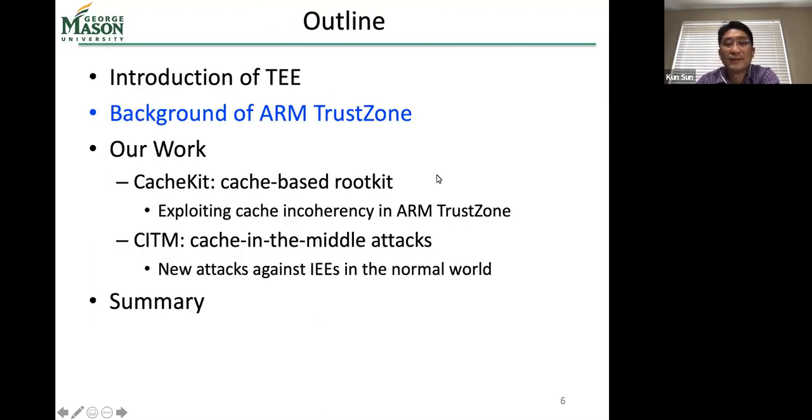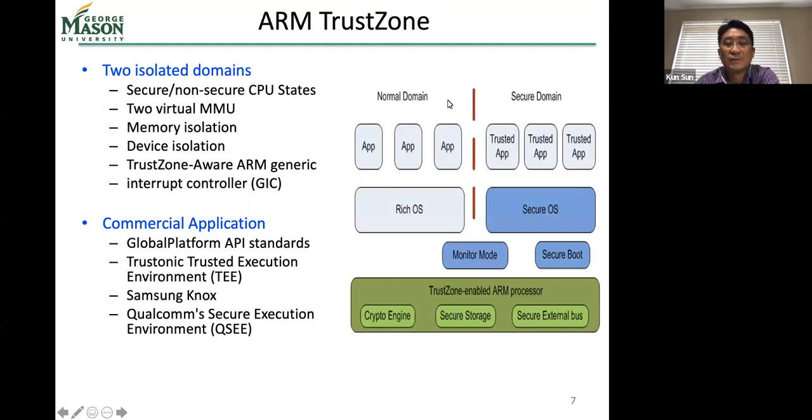So now let's look at ARM TrustZone, which is one type of TEE. The idea is that ARM uses hardware features to separate the system into two domains: the normal domain and the secure domain. In the normal domain, you can install Android or iOS and regular applications.